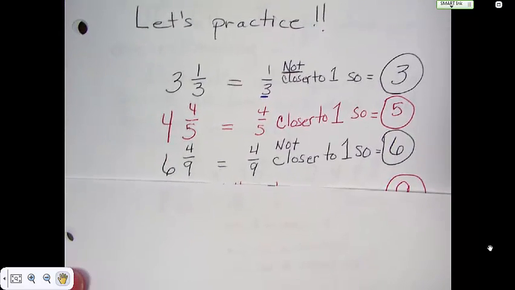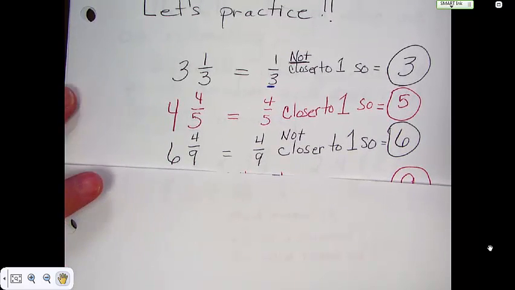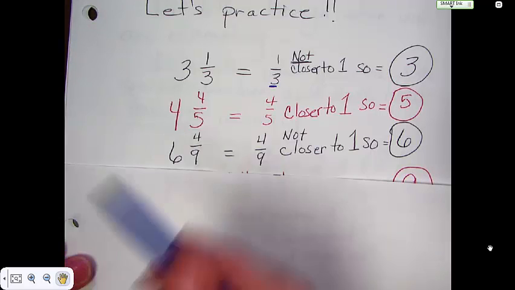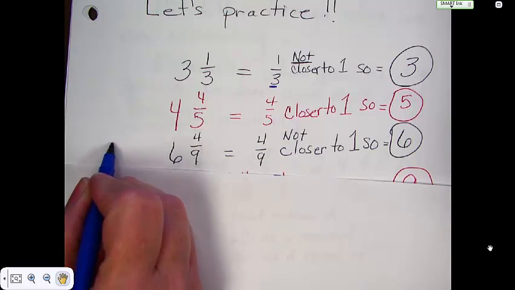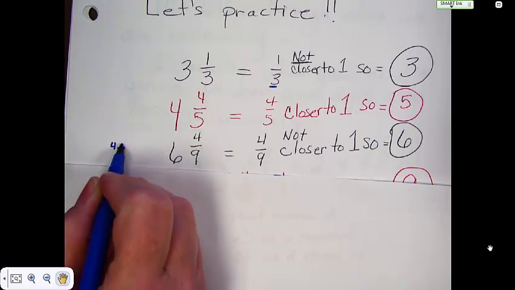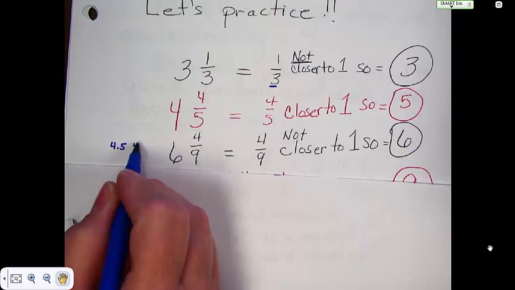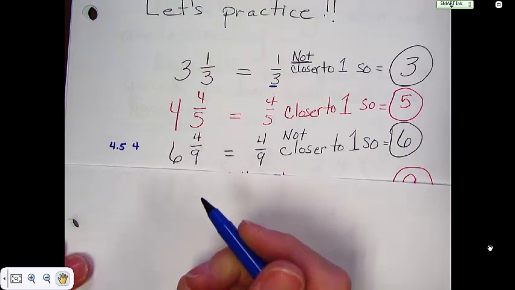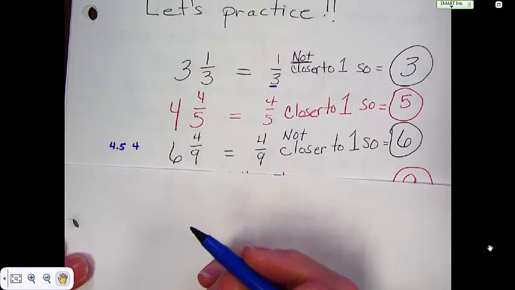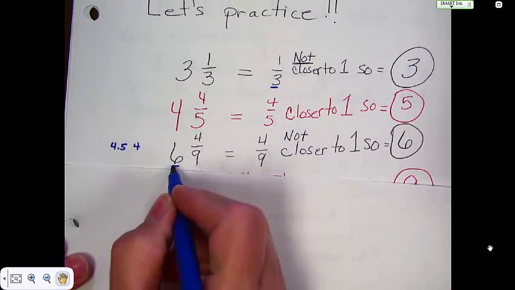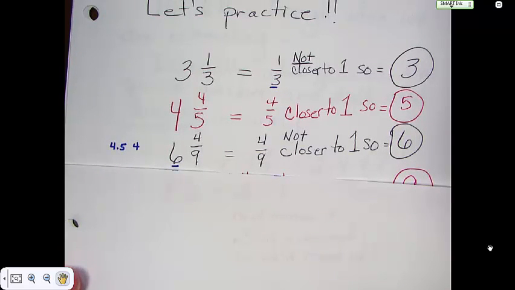6 4/9. 4/9, now if you're kind of iffy about this, okay, I don't know about 4/9, go over here and go, okay, half of 9 would be 4.5. Is 4 bigger than 4.5 or less than 4.5? It is less than 4.5, so this 6 is going to stay and it's going to round to 6.